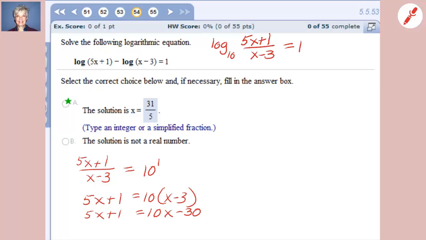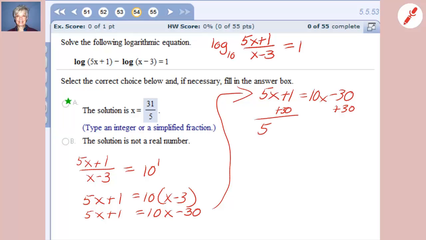Come on up here. I am going to add 30 to both sides, moving it over to the left, and negative 5 to both sides, moving it over to the right. That's just my strategy. All right. So plus 30, plus 30.